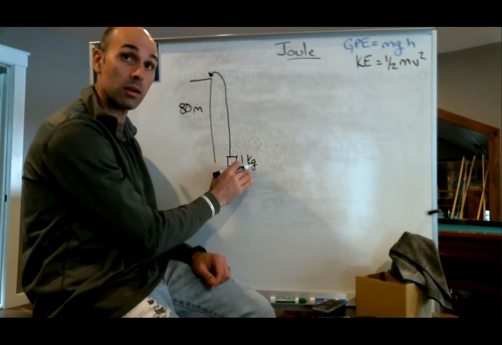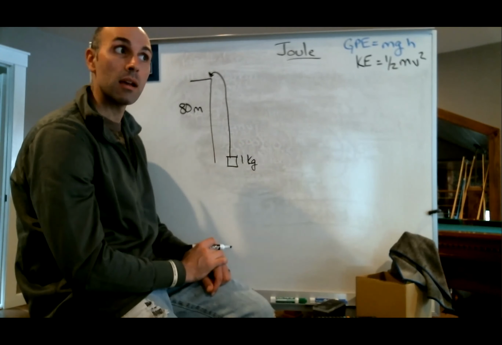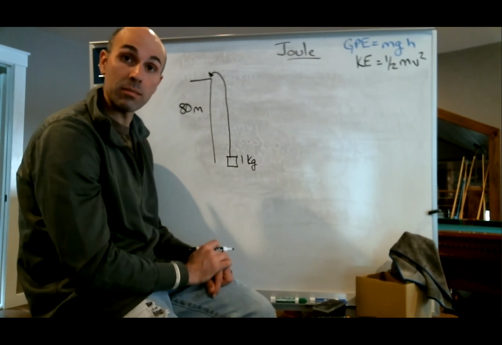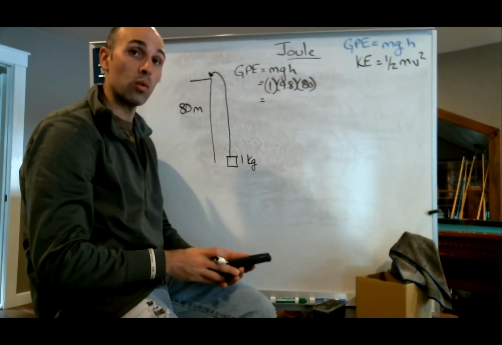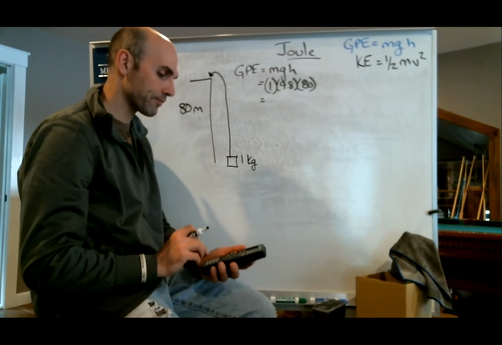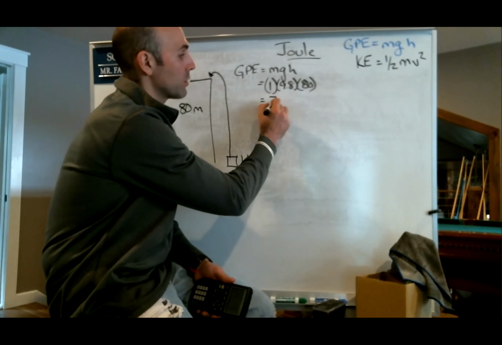Notice our units: kilograms for mass, meters for height, velocity is meters per second, energy, those are joules. So let's find the GPE. GPE equals mgh equals 1 kilogram times 9.8 times 80. This gives us a gravitational potential energy of 784 joules.